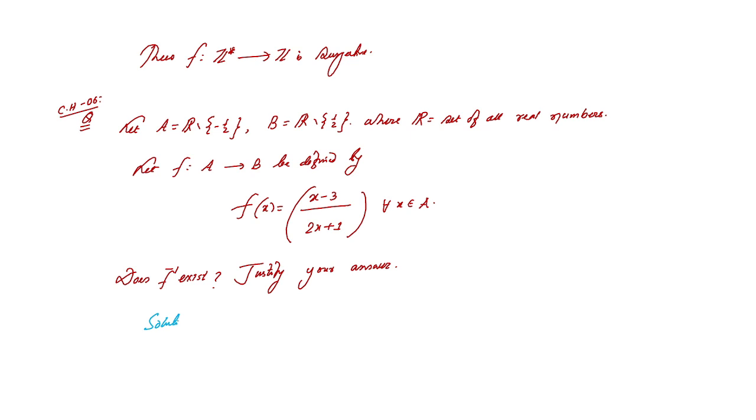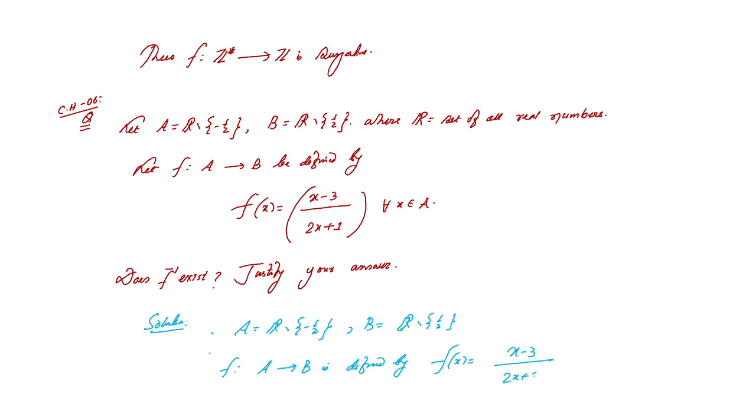So now we'll go to the solution. A is basically R minus minus half, and B is basically R minus half, and the function f from A to B is defined by f of x equals x minus 3 by 2x plus 1 for all x belonging to A. This is a 3 marks question.